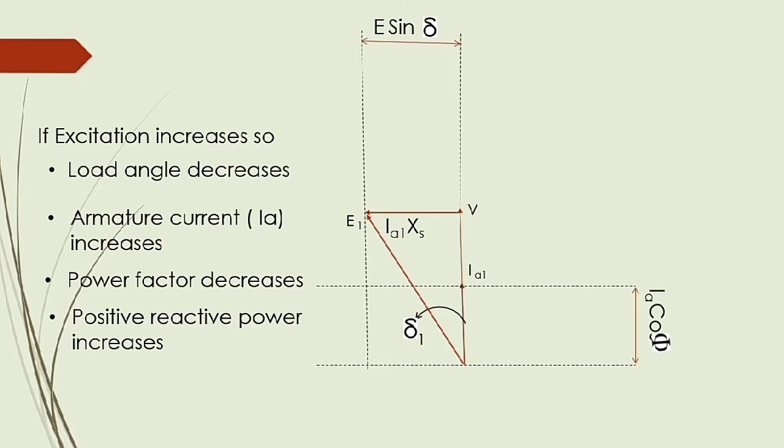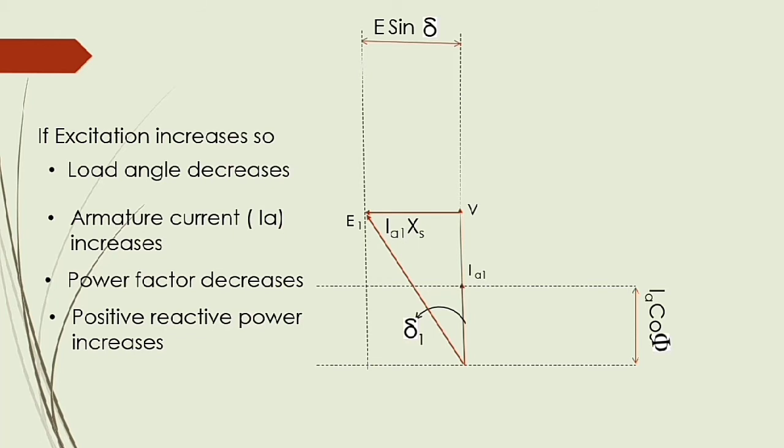So if we increase the excitation, the load angle increases. Why do we need to increase the excitation? Because this is a lagging power factor load, and with a lagging power factor load a drop of voltage occurs.